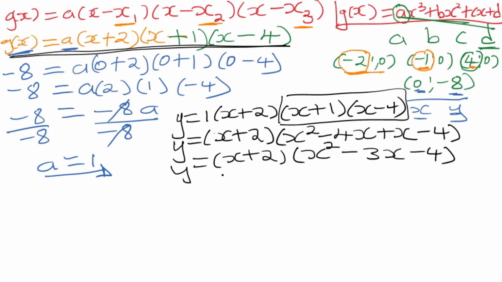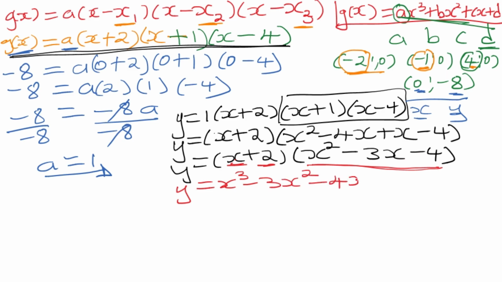Right now, what I need to do is take this x and multiply this bracket, and take 2 and multiply that bracket. It's called the distributive method from grade 10. So we will have y is equal to x multiplied by x squared, that gives me x cubed. x multiplied by -3x gives me -3x squared. x multiplied by -4 gives me -4x.